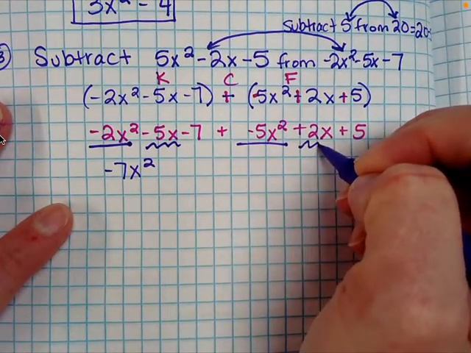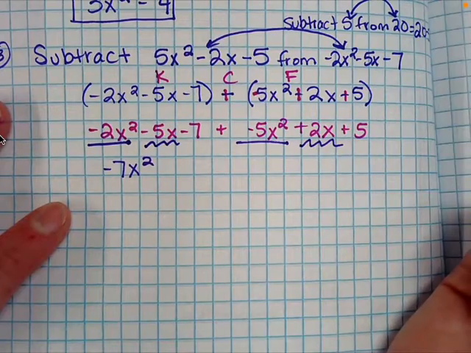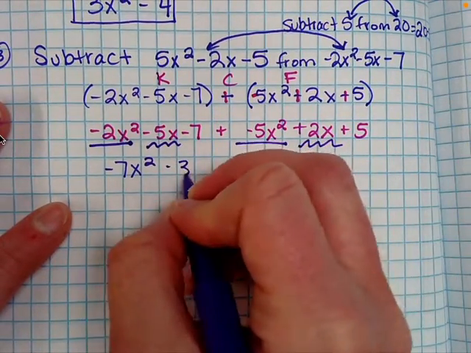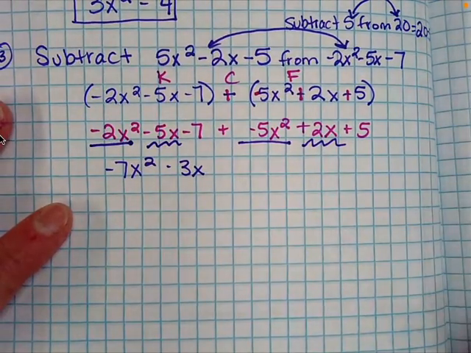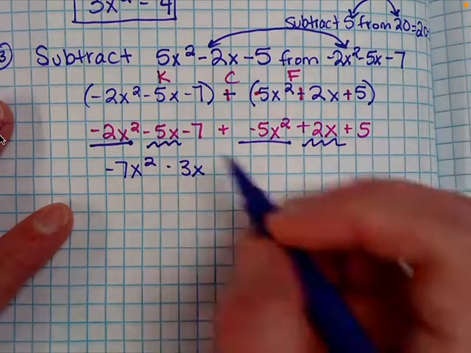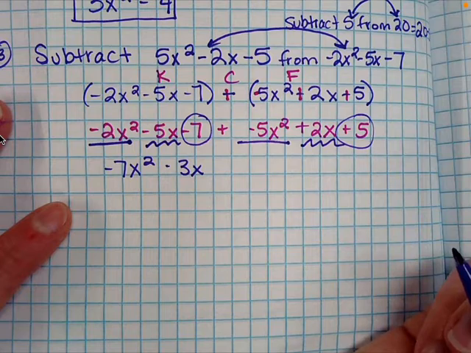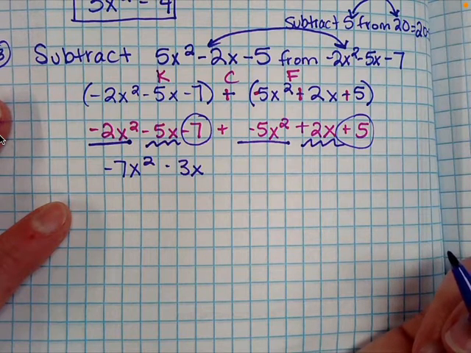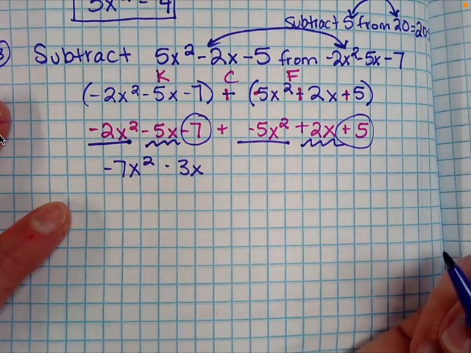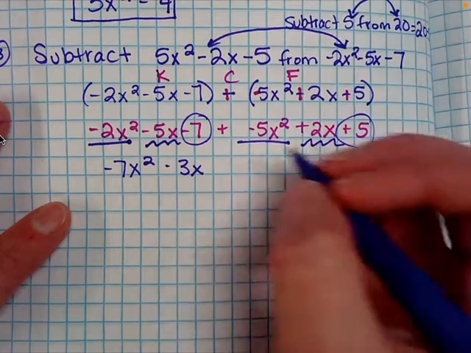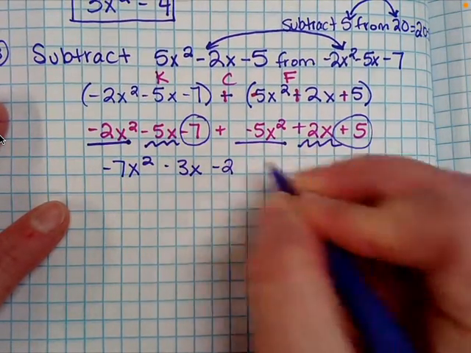Negative 5x and a positive 2x. Negative 3x. And then a negative 7 and a positive 5. You subtract them. So what's 7 minus 5? 2. And we keep the sign of the larger. So it's negative 2.